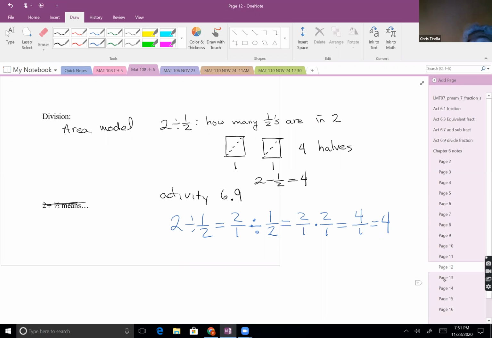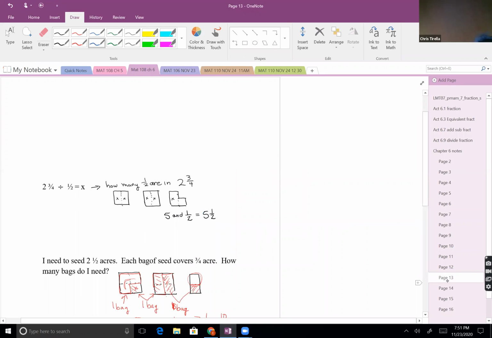Likewise, when we looked at 2 3/4 divided by a half, well, again, we want to take that mixed number and change it into an improper fraction first.